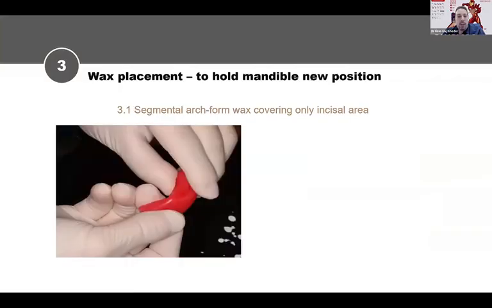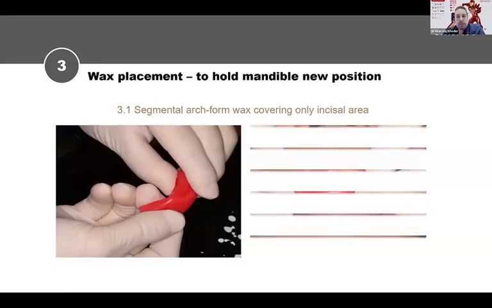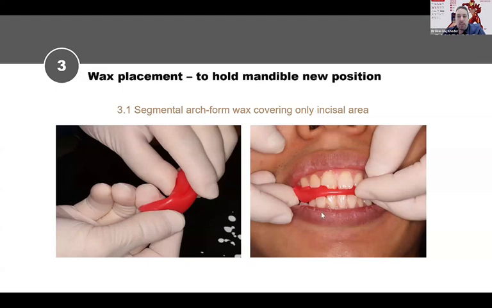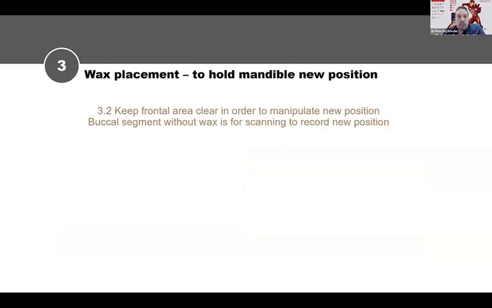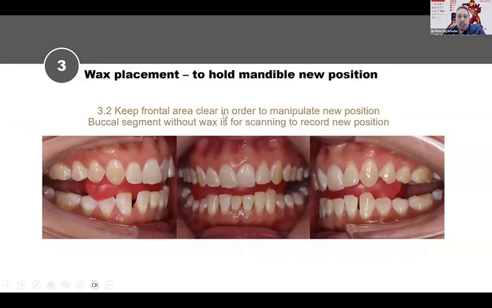The wax placement. First, we have to fold the wax 3 or 4 layers to get enough opening. Then we ask the patient to bite on it while maintaining the midline and covering up to the first premolar. And then we keep the frontal area clear in order to manipulate the new position, and the buccal segment without wax for scanning after we get the correct bite.